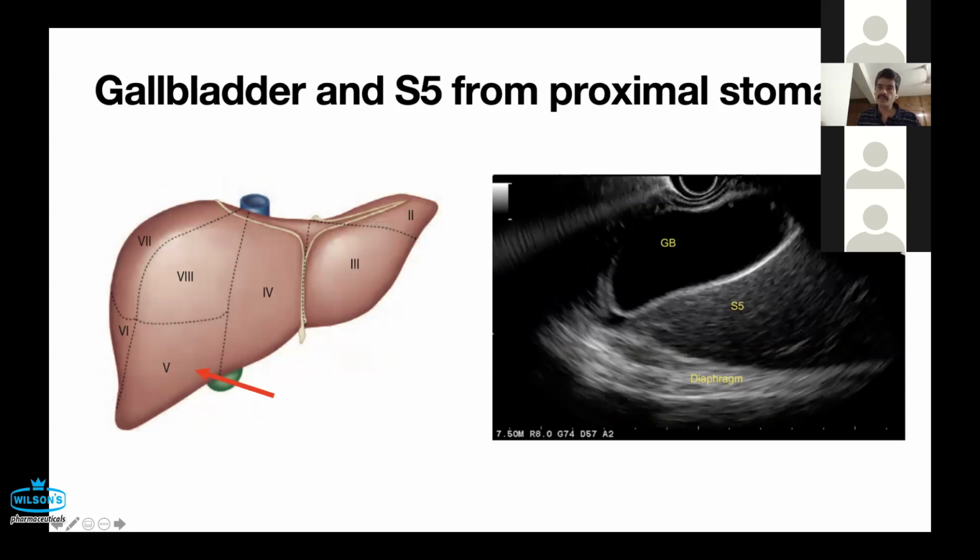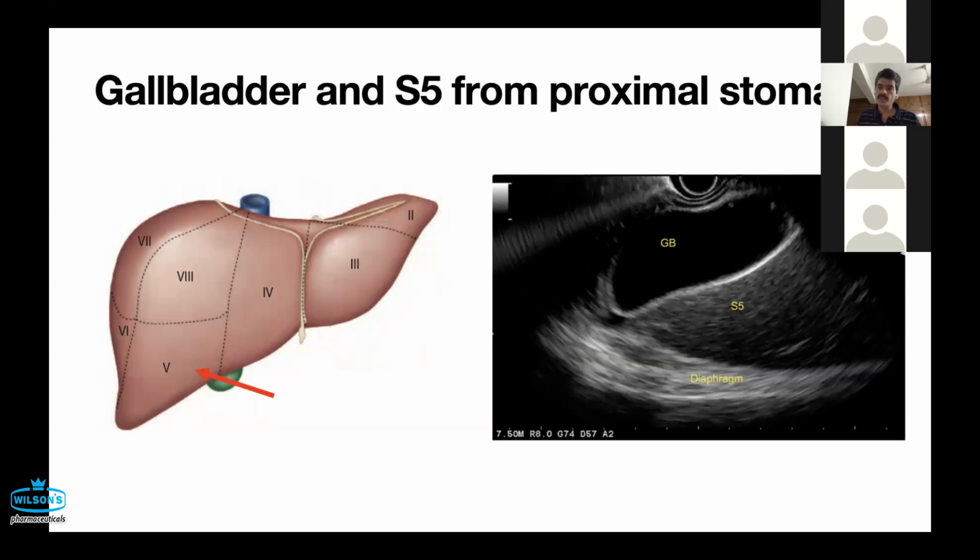So please see segment 5 also from the proximal stomach. So I have shown you how to see segment 2, segment 3, segment 4 or the caudate lobe, segment 5, the ligaments of the liver, and the hilar structures.